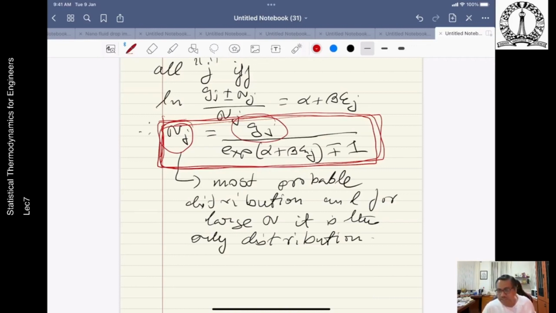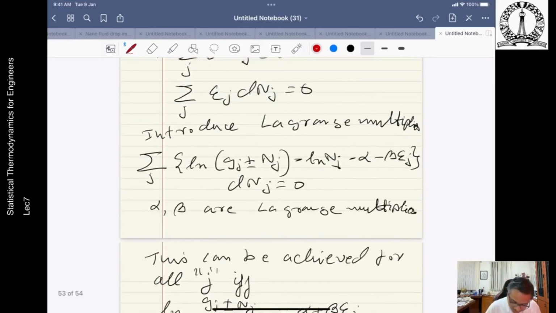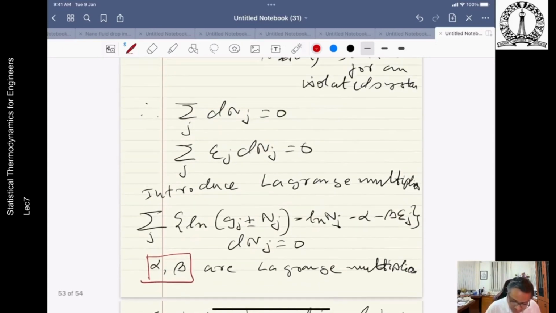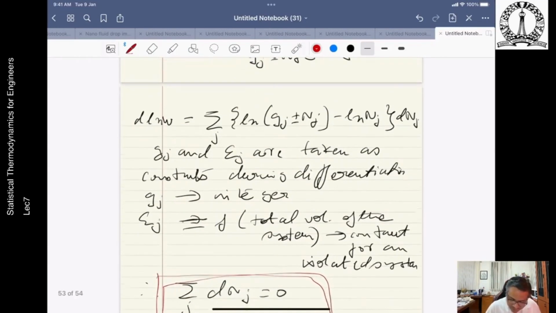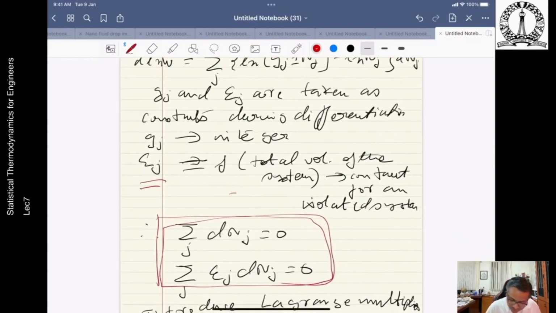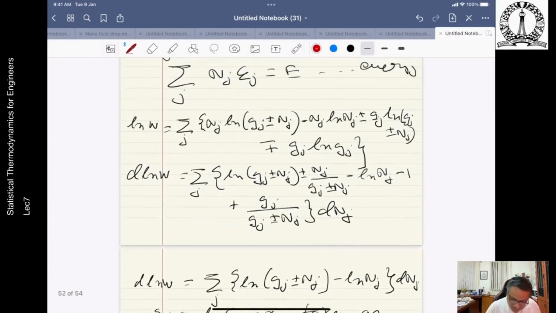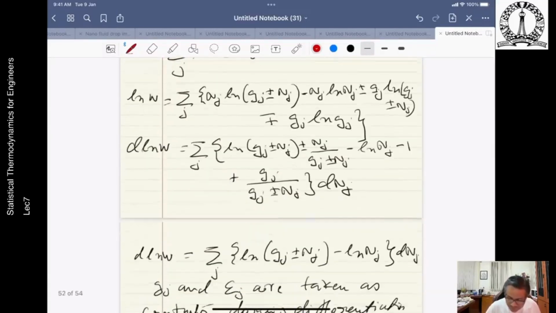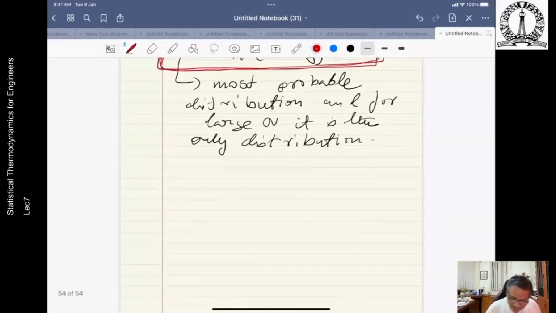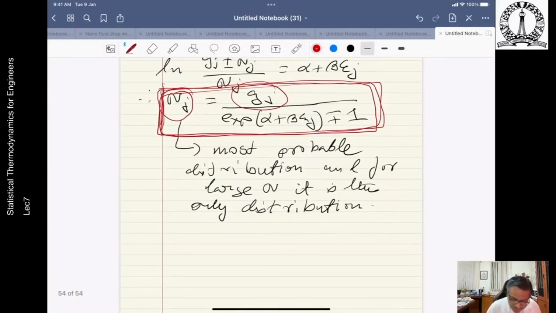So this is a rather interesting thing, and just to recap, alpha and beta are called the Lagrange multipliers. And ej is basically a function of the total volume of the system. It is constant for an isolated system, if you recall. And that comes from your macroscopic definition, and we have done a lot of stuff using Stirling's approximation to arrive at this particular expression.